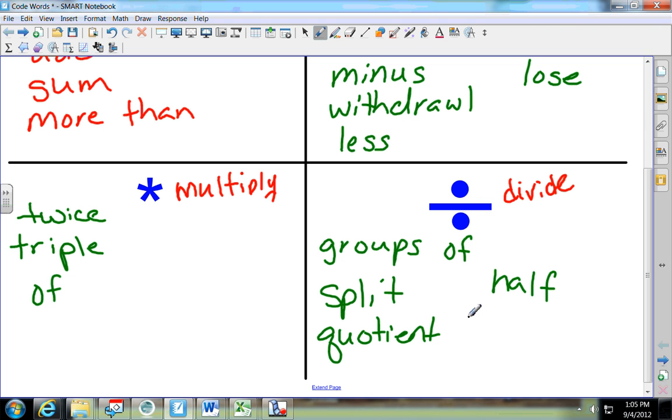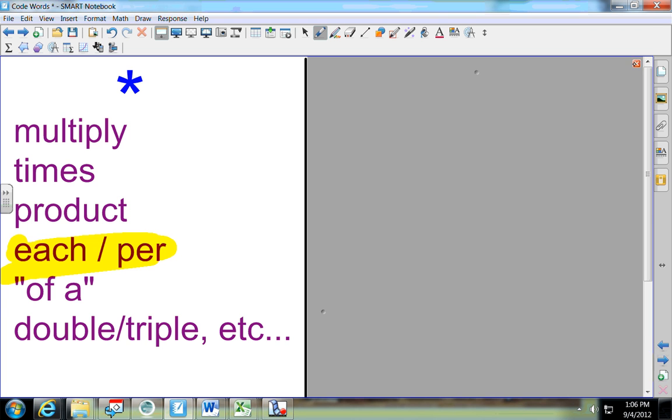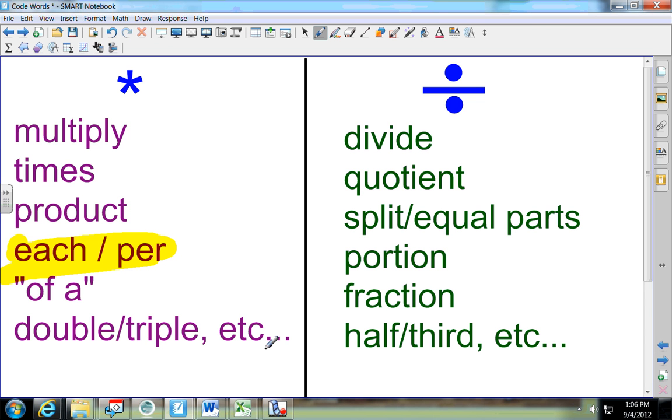So half or a third or a fourth, something like that. So the other ones they have over here: divide, quotient, split into equal parts, portion, fraction, a half, a third.